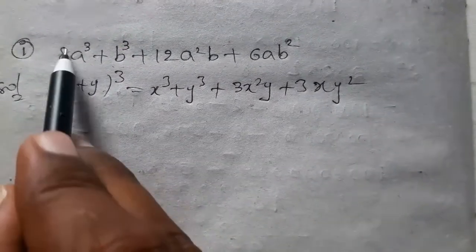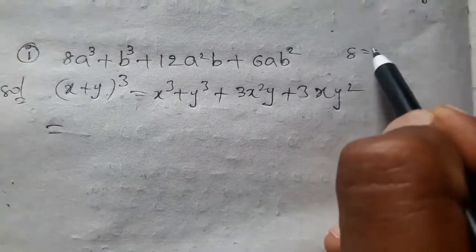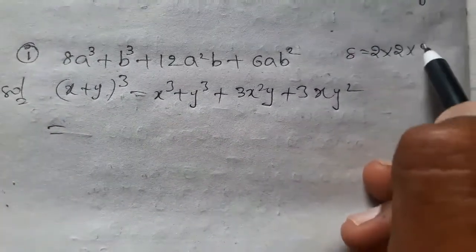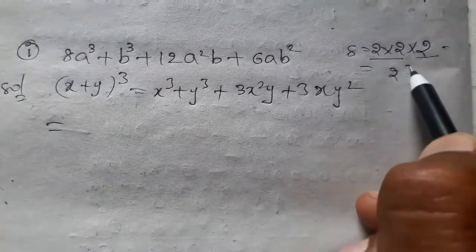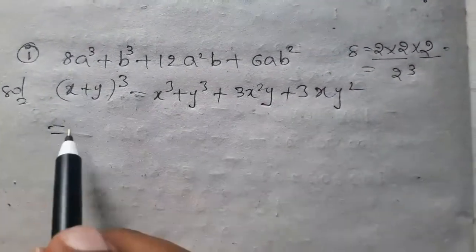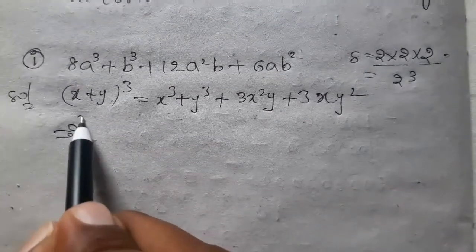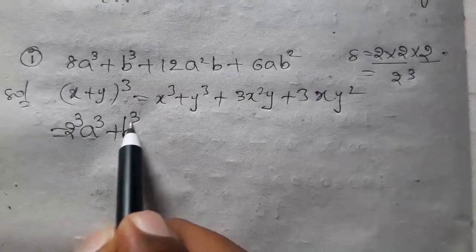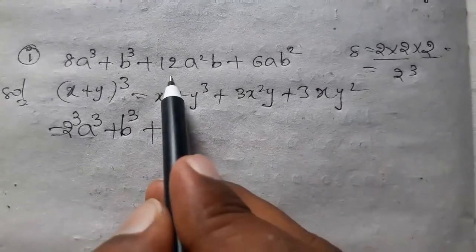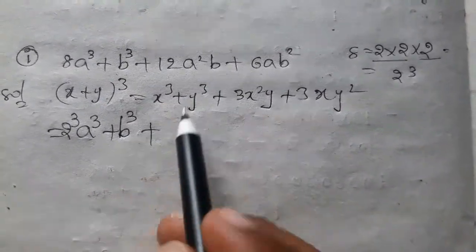8 is equal to 2 multiplied 3 times: 2 twos are 4, 4 twos are 8. So that means 2 cube, isn't it? This can be written as 2 cube a cube plus b cube plus 3a square b.